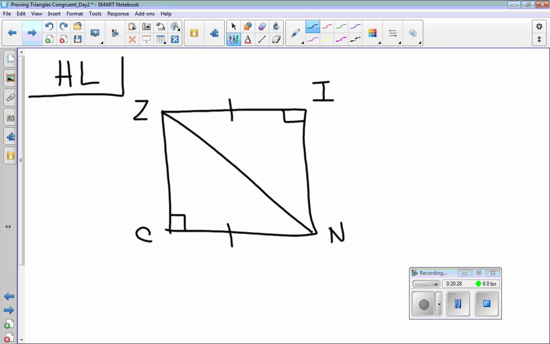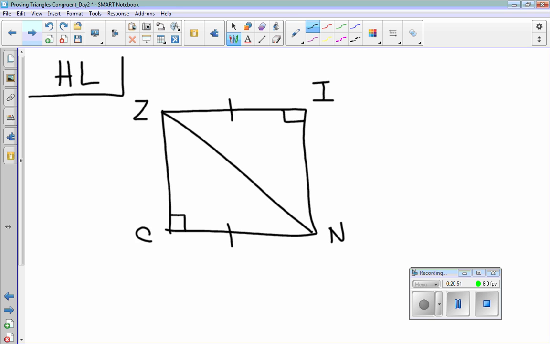Do I have enough information right now to say HL? I don't think so. As you're drawing the picture, I want you to think, which one of these three extra things do I have? Do they share a side? Do I have vertical angles? Do I have parallel lines? Which one do I have?